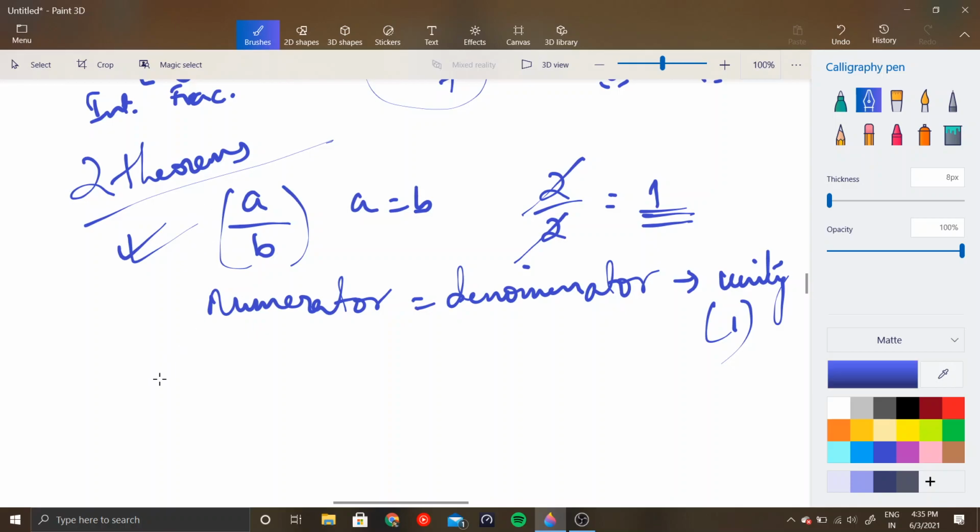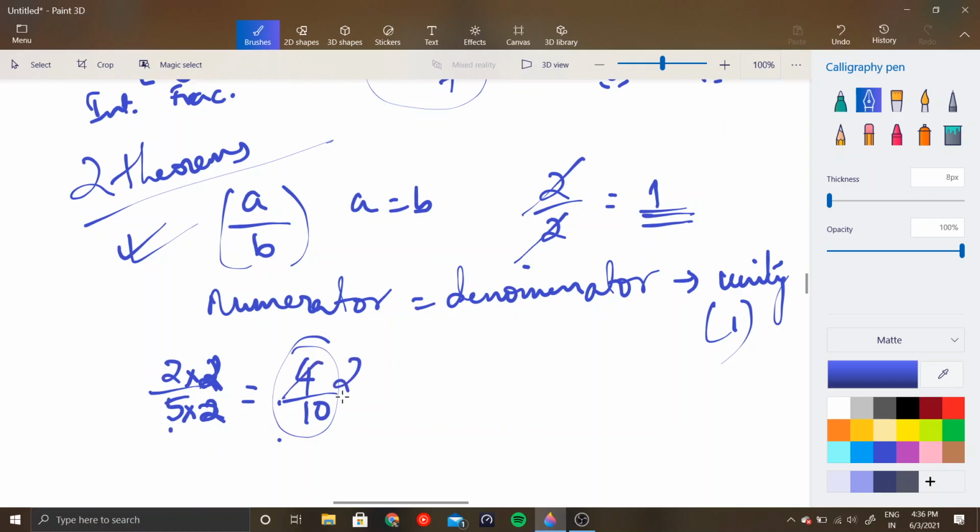And suppose you have 2 by 5, and you multiply both the numerator and the denominator by 2. This becomes 4 by 10. So if you multiply both the numerator and the denominator by the same number, the fraction does not change. This is 2 by 5 and this is also 2 by 5.